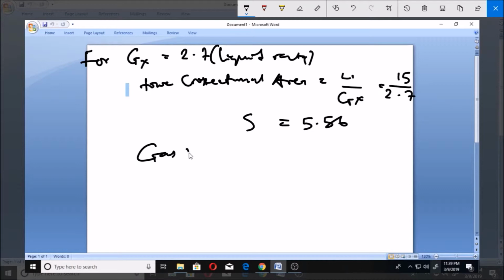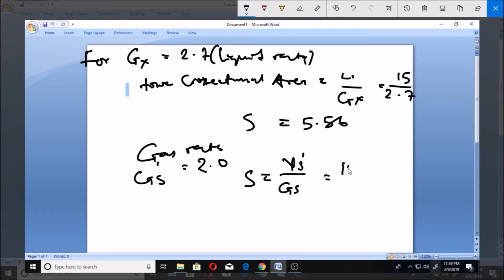And for gas rates, which is Gs prime, given in the question as 2.0, the cross-sectional area is going to be Vs prime all over Gs prime, which will give us 10.97 all over 2.0, which will give us 5.5.